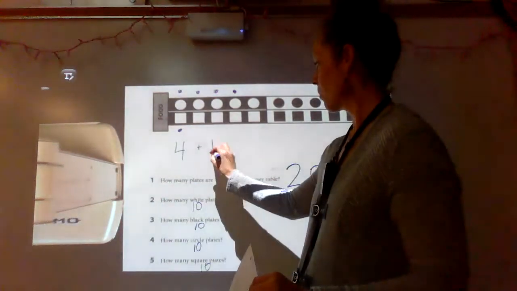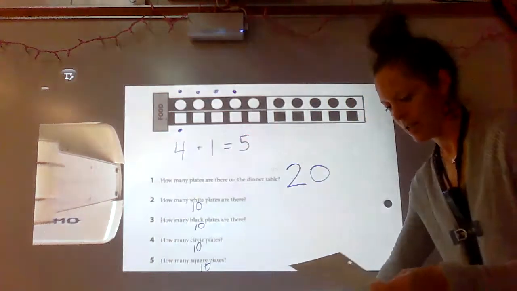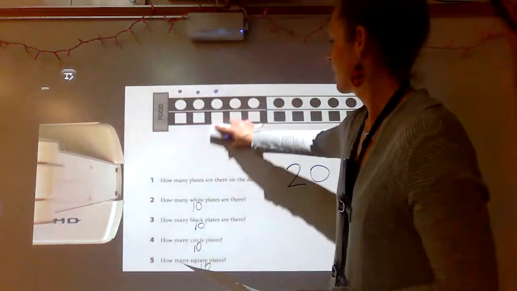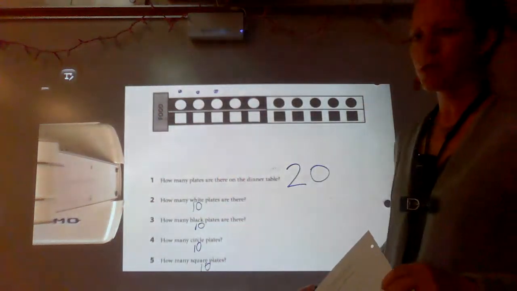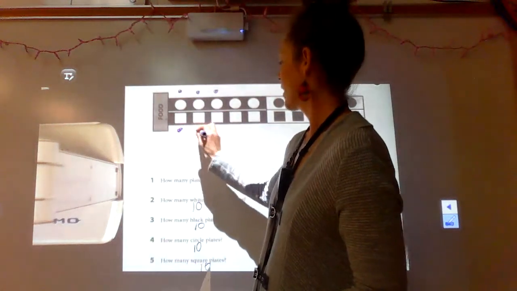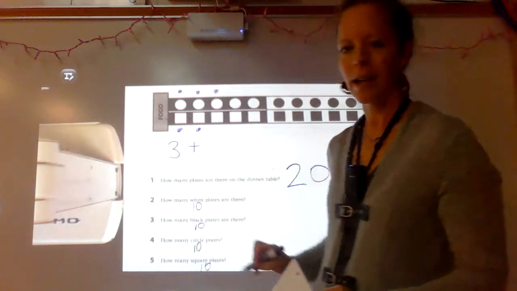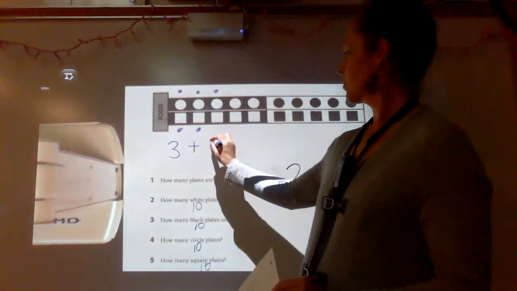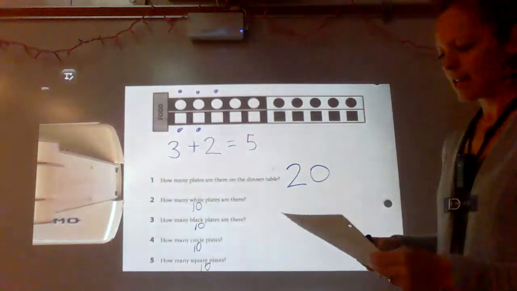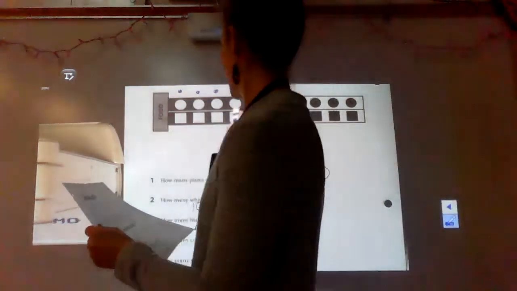That's right, 1. 1 square plate, we still have 5. And for the arrangement where there is 3 people on top and 2 on the bottom, we would write 3 plus 2 equals 5. 3 circles, and 2 squares.